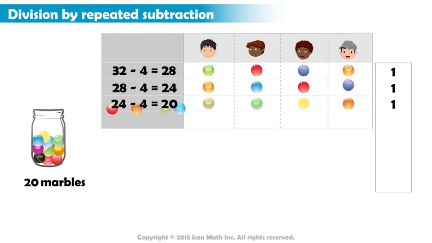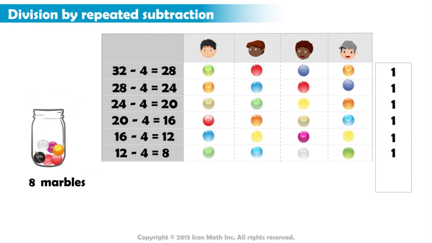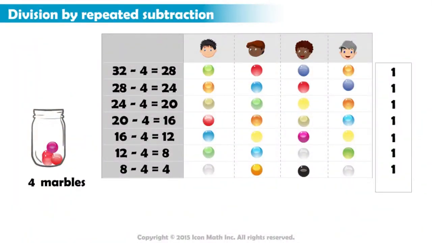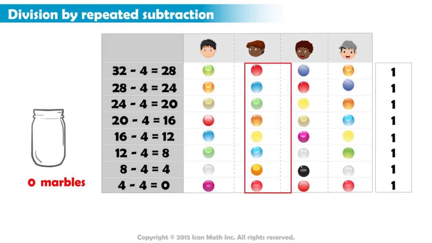If we keep doing this repeated subtraction of 4 marbles from the remainder, while keeping a record of how many marbles each player received, we will finally get to 4, and 4 minus 4 is 0. Since we reached 0, this means we can equally split 32 marbles among 4 players without any marbles left over.